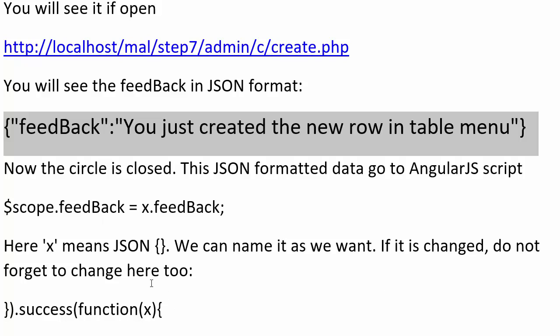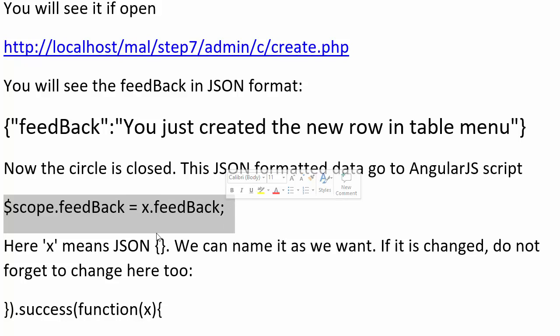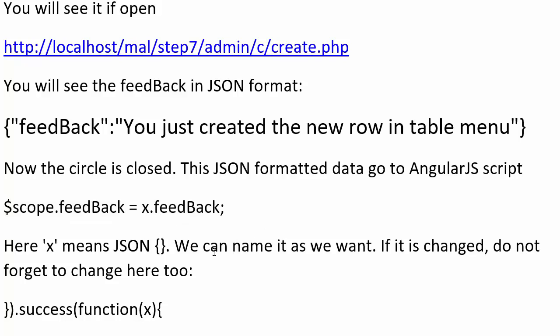Now the circle is closed. This JSON formatted data goes to the AngularJS script. $scope.feedback equals x.feedback. Here x means JSON, and this is an object.